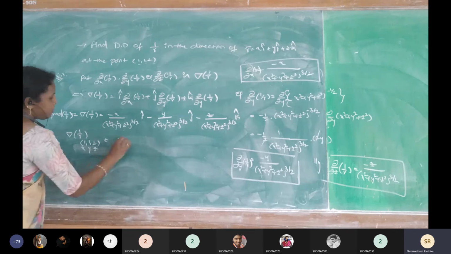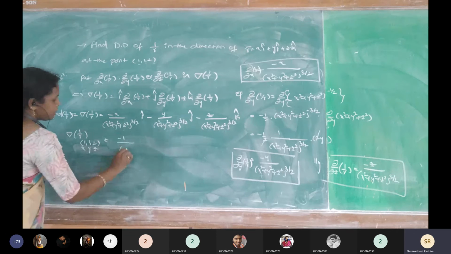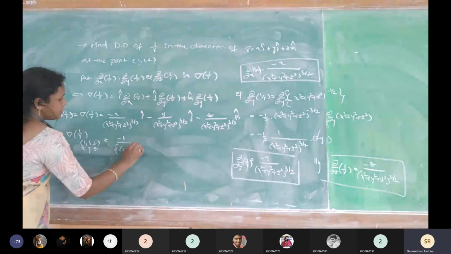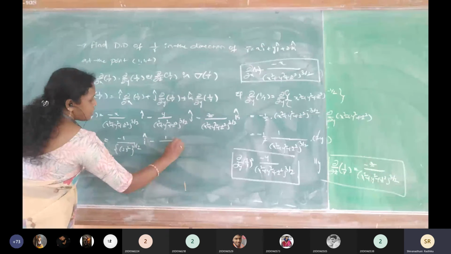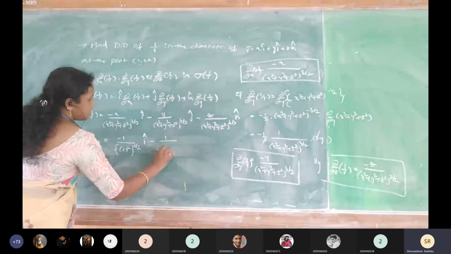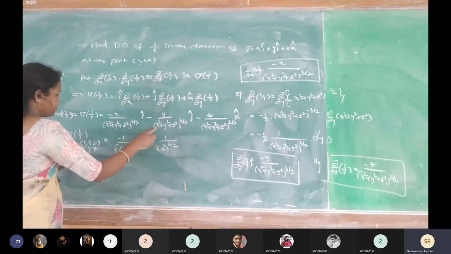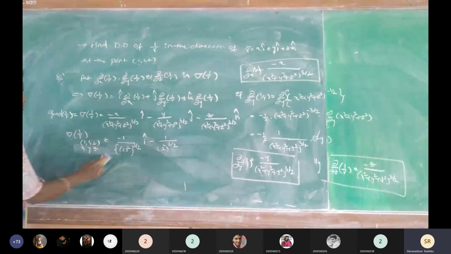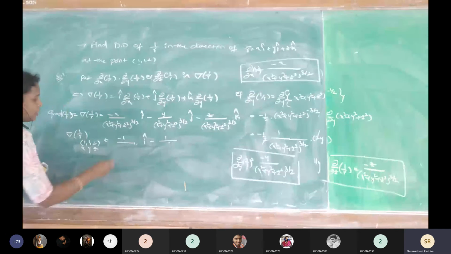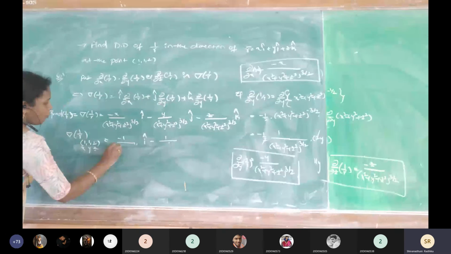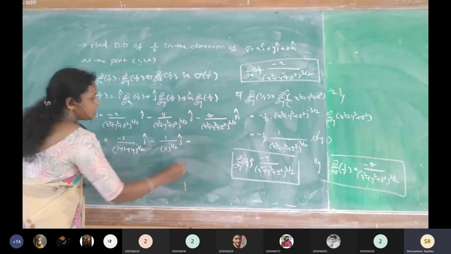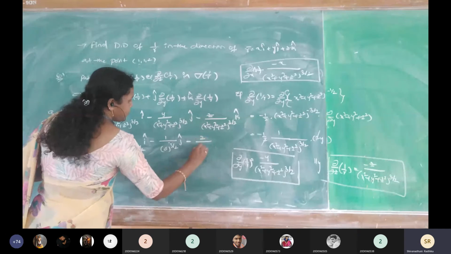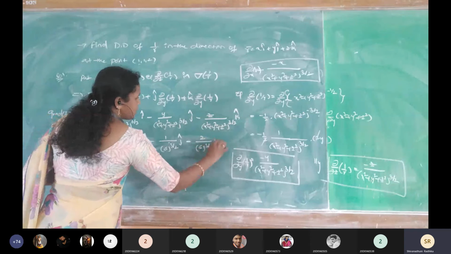So that equals minus 1 by 2 square to the power of 3 by 2. Is it clear? i cap, minus y is also 1 by 2 square power 3 by 2. It will be 1 plus 1 plus 4, power 3 by 2. 5 plus 1 is 6, 6 power 3 by 2. j cap, minus z equals 2, 2 by 6 power 3 by 2 k cap.